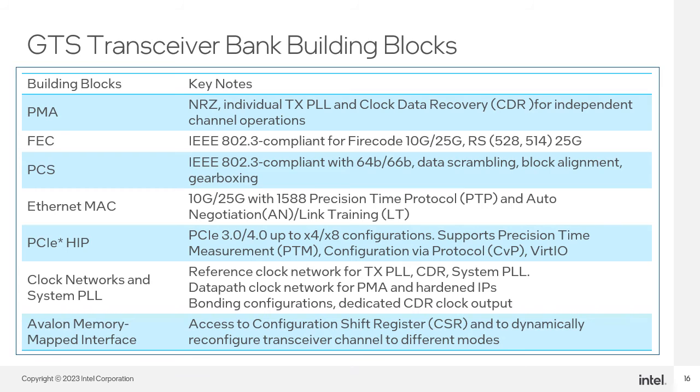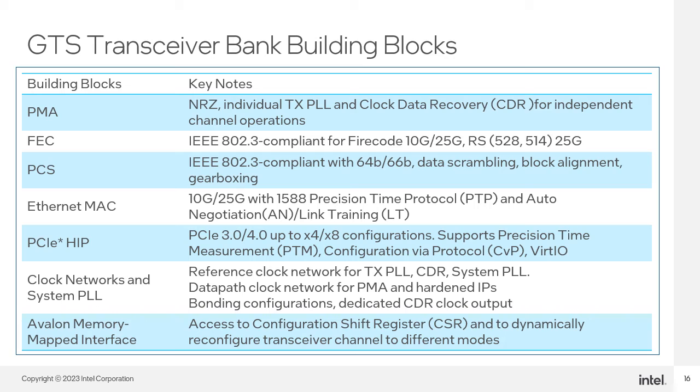Here is a quick overview of the GTS Transceiver Bank building blocks. The PMA is basically NRZ, and you have individual TX PLL and CDR for independent channel operations. FEC supports the Fire code as well as RS for the 25 gig.